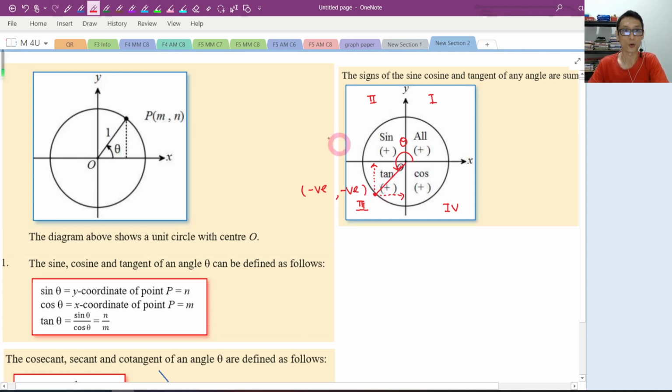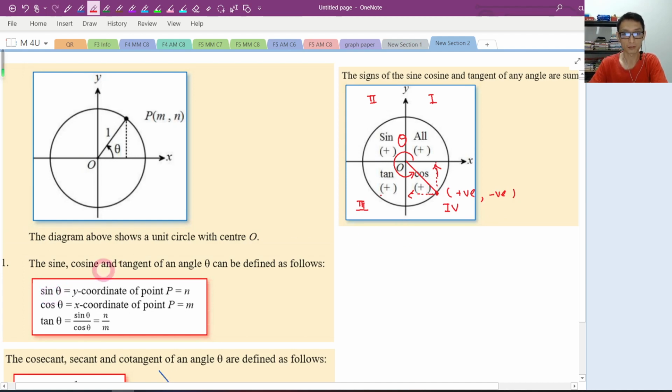Now let's go to the last quadrant. Now you have another angle. This time the angle is in the fourth quadrant, quadrant number 4, from here all the way here. Theta. Try to think of the signs of the coordinates of this point. The x coordinate is positive, and the y coordinate is negative.